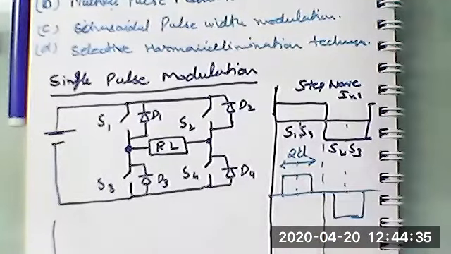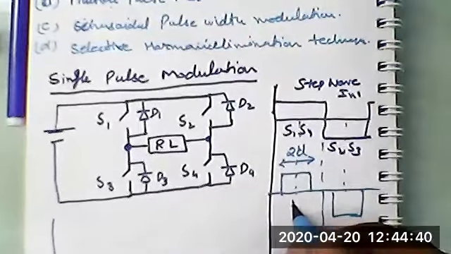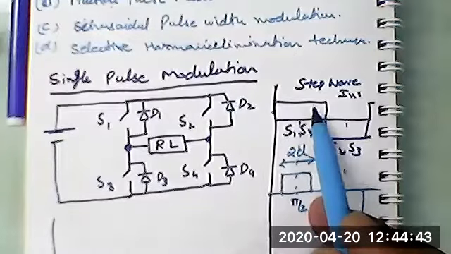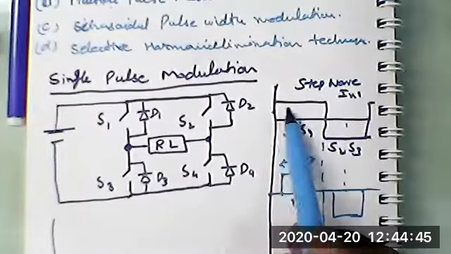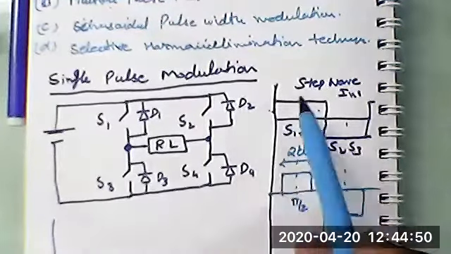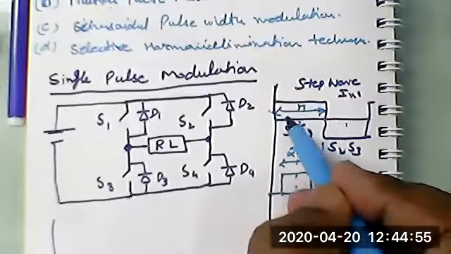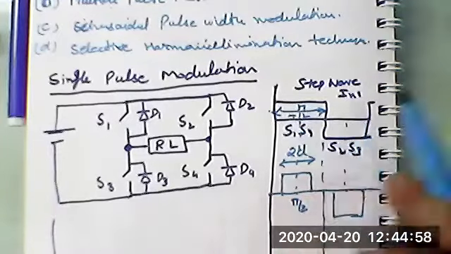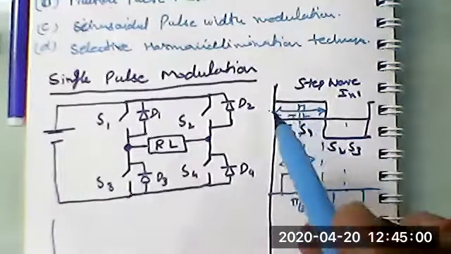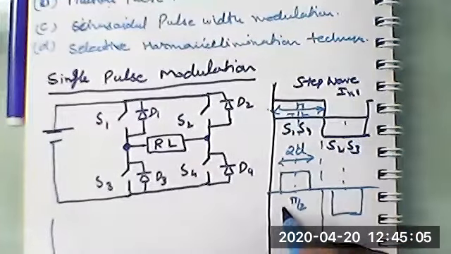In case of the square wave inverter, this 2D is equal to how much? Pi. 2D is equal to pi. We extend this pulse for the entire duration. This is pi, or T by 2. Total time period in the complete revolution is 2 pi. So it is pi, and this is also pi. In case of single pulse modulation, we give the pulse for the duration of 2D.